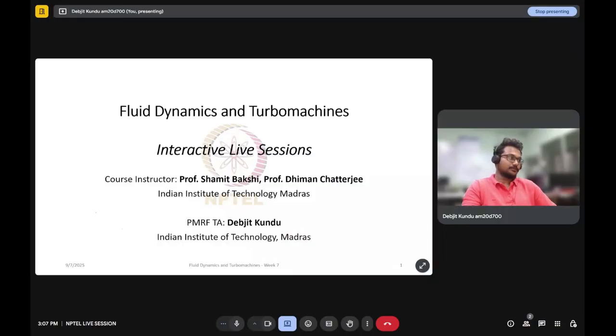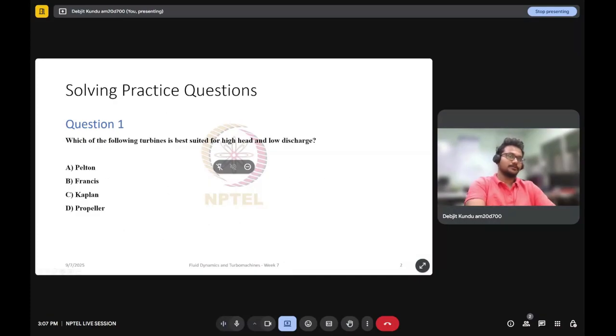Okay, so with that, let us get started. Here's the first question of today's session, which is asking us which of the following turbines is best suited for high head and low discharge.